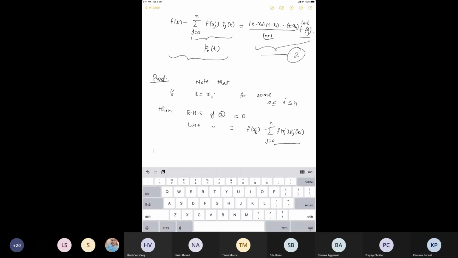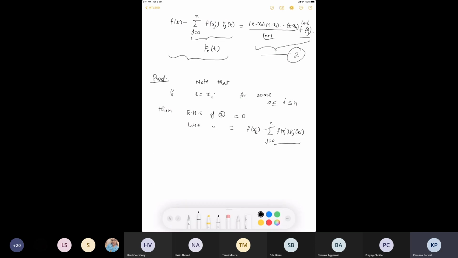So here i is fixed and we are running a summation over j. Whenever j is equal to i, lj of xi will be 1, and at all the other places it is going to be 0. So when you take j equal to i, you get f of xi times lj at xi, which is 1, and at all the other places it will be 0.